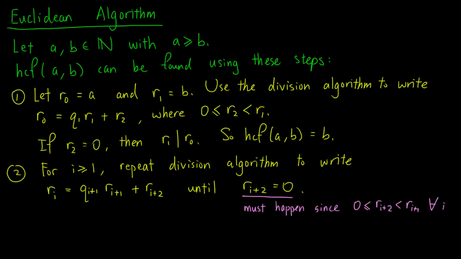We know that this must happen because R(i+2) is greater than or equal to 0 and less than R(i+1) for all i. In other words, the remainders that we get from the division algorithm must be strictly decreasing. In this case, R(i+1) divides Ri, so the HCF of a and b equals R(i+1).